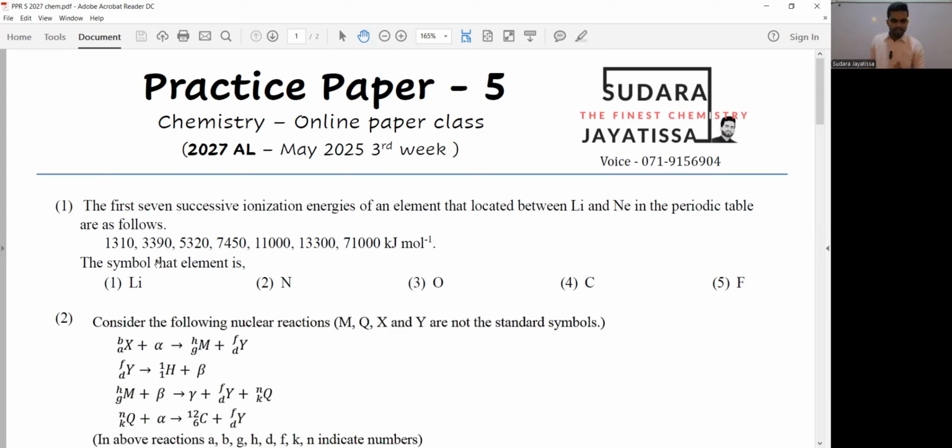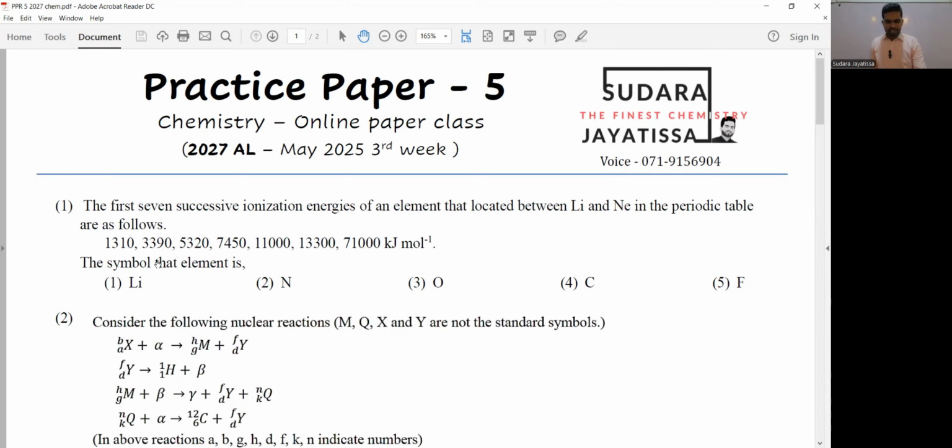Okay, and then as we discussed in the theory class, successive ionization energy should increase, because once we remove electrons, the net positive charge in the nucleus is increasing. That again gives a higher nuclear attraction on the remaining electron. So removal of electrons should gradually become more difficult according to that theory.